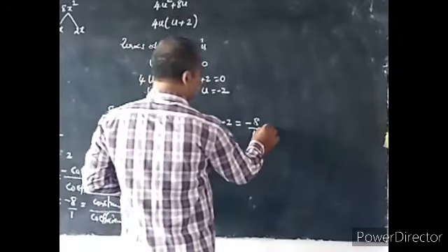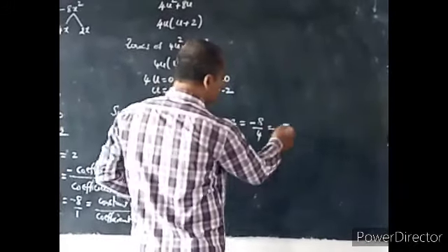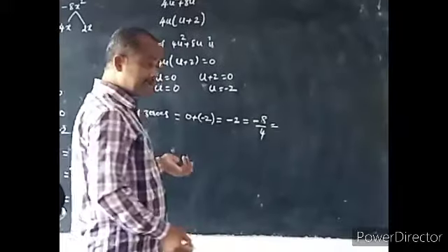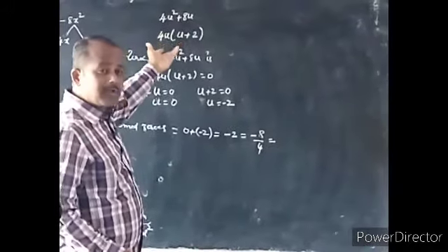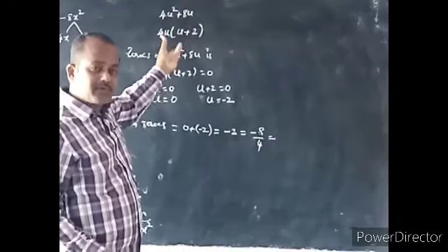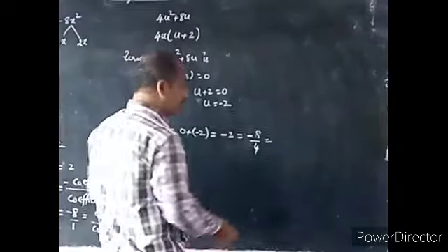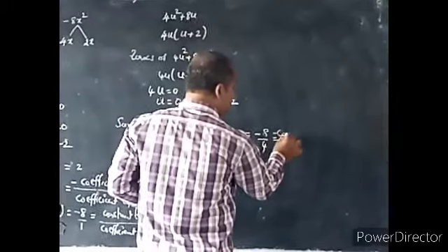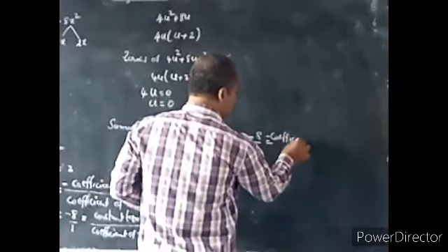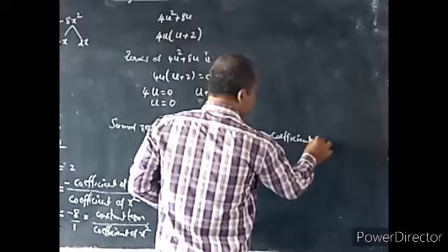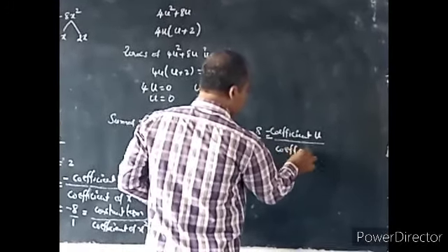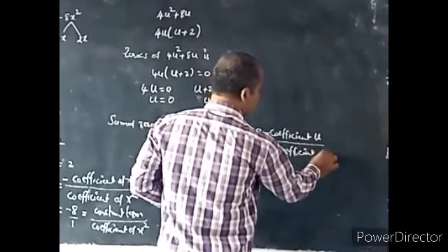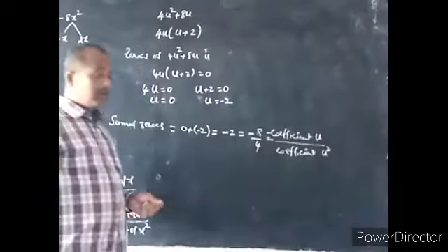This is the coefficient of x, but here the polynomial is given in terms of u. So we have to write minus coefficient of u by coefficient of u square.